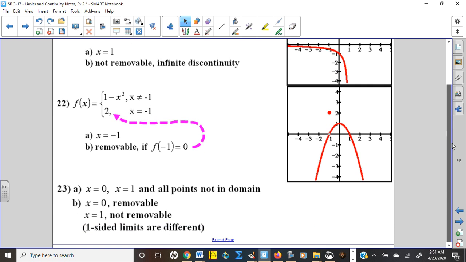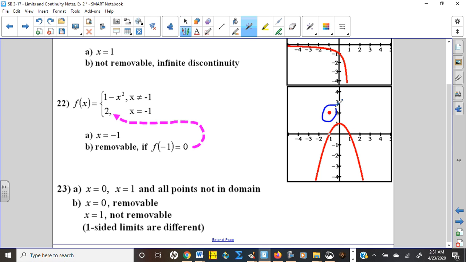Number 22, this time we have a parabola that's good everywhere except for 1 point, at x equals -1, where they define it as 2. So here's where they tell us they want the height to be when x is equal to -1. So it does create a removable discontinuity.